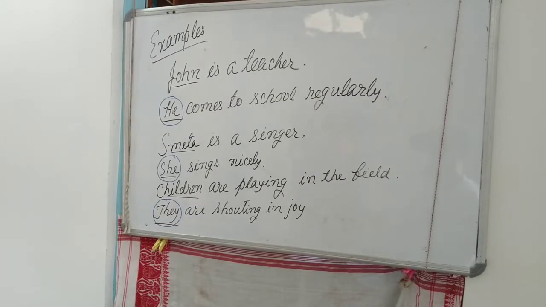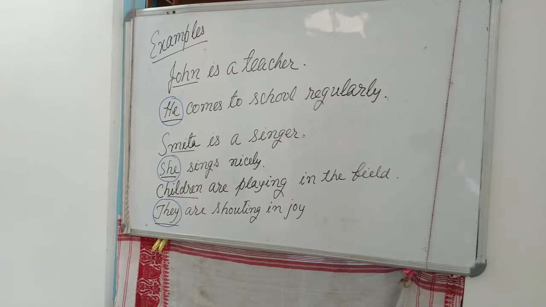Let's take a few examples. John is a teacher. Here the noun John is replaced in the second sentence by a pronoun, that is he. When we refer to John again, we do not mention his name, but use a pronoun to replace his name.